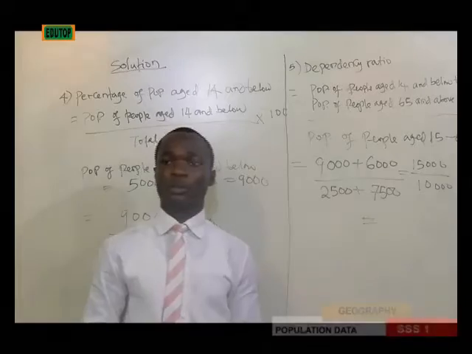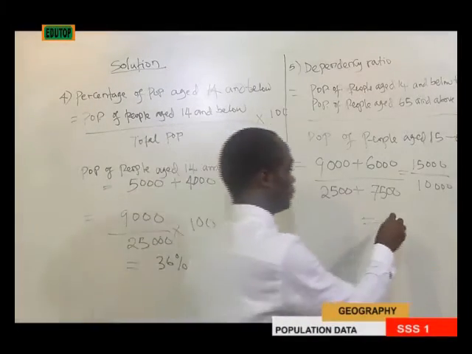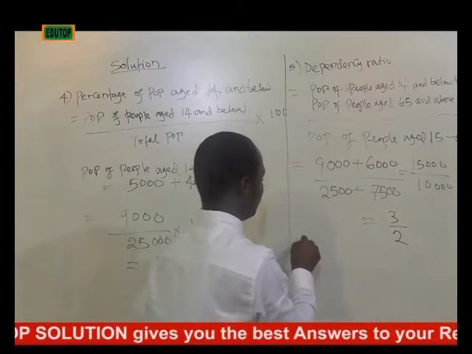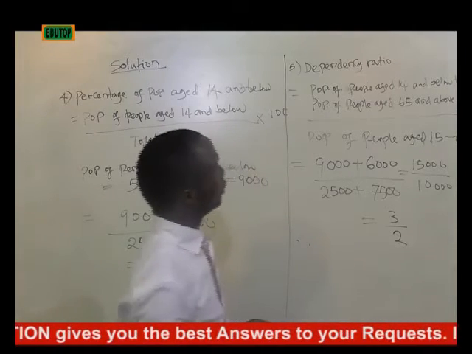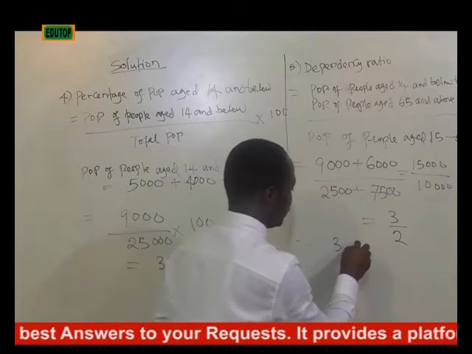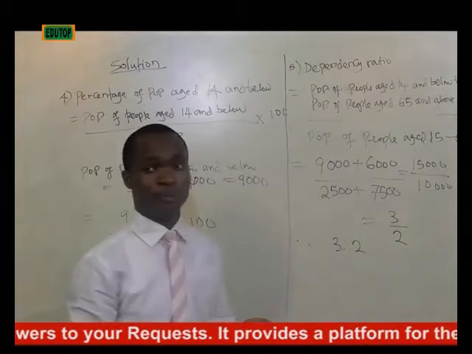That will give us 3/2. Therefore, the ratio or the dependency ratio is 3:2.